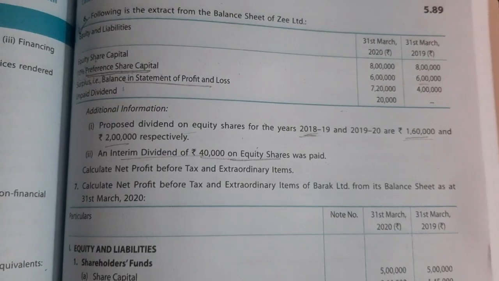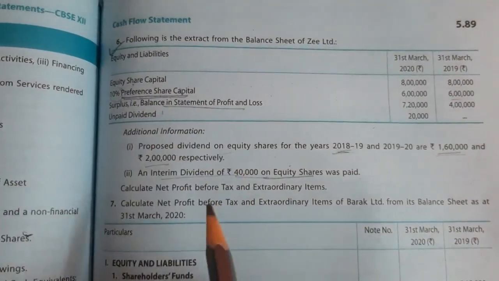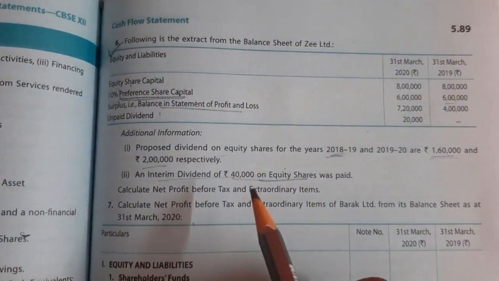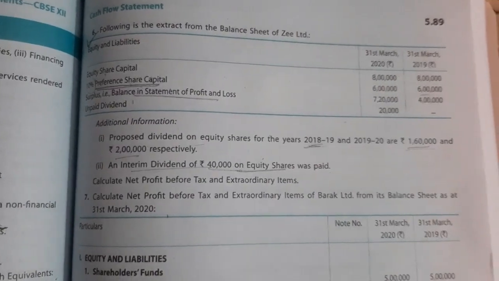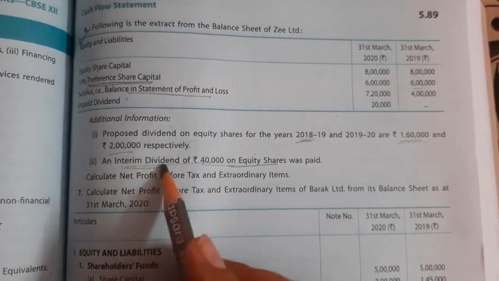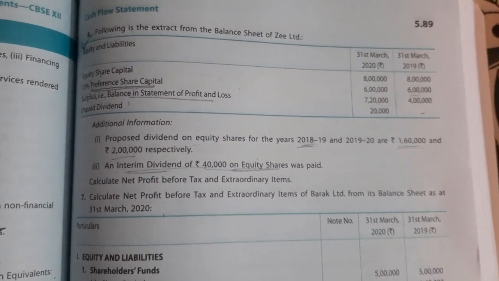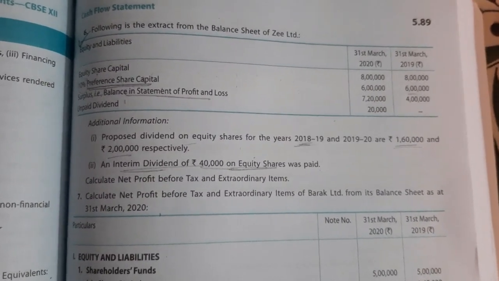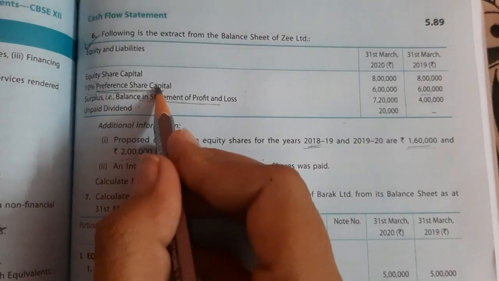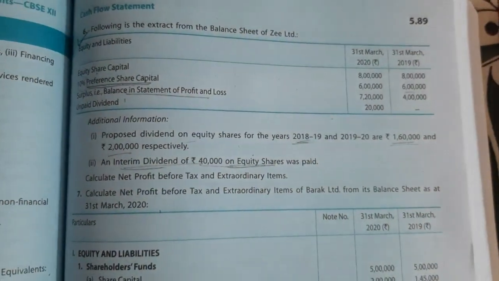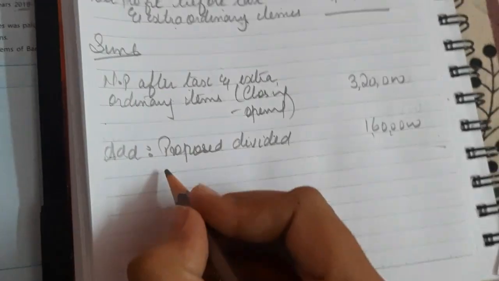So you have to pay 10% on preference. It is not stated here that we have paid, but it is very obvious. Whenever you are given an interim dividend on equity shares, it is obvious that the dividend on preference shares must have been paid. So you have to add back the dividend on preference shares, that is 10% of 6 lakh.